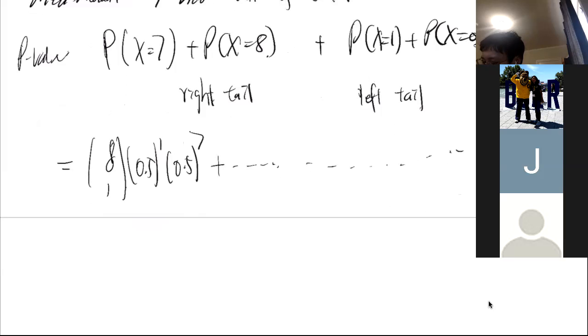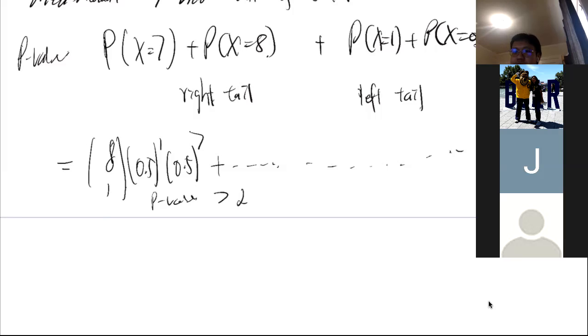So the p-value is greater than alpha, because alpha is 0.05. That means we cannot reject our null hypothesis, so we cannot say that the coin is biased. So that's it for problem 3.